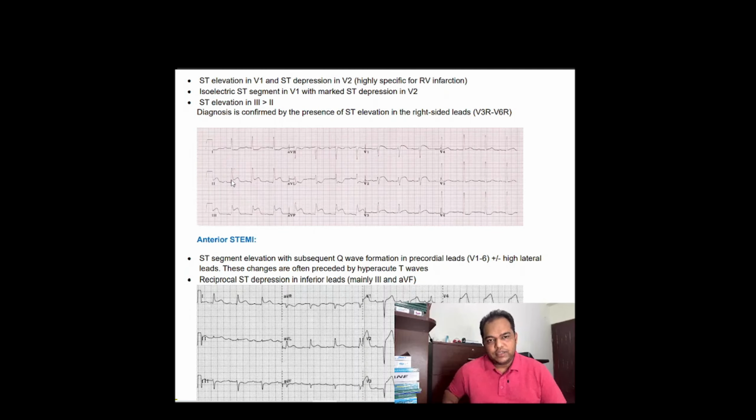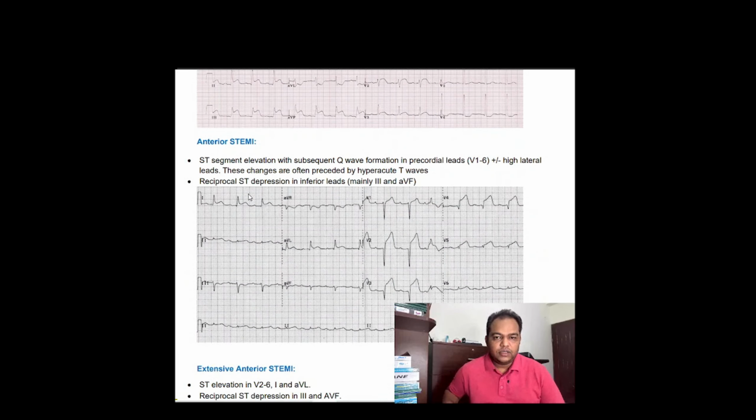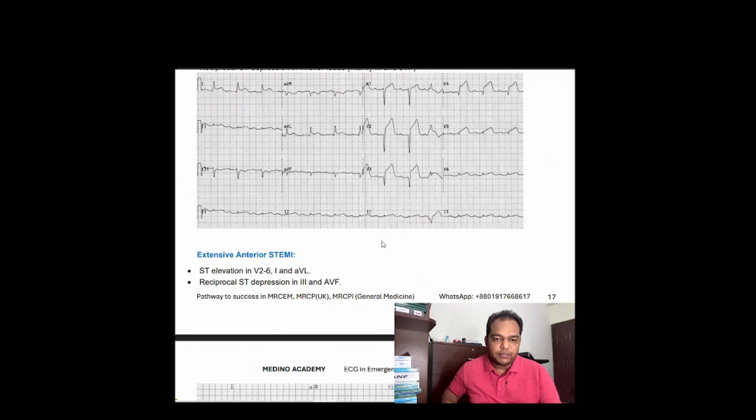It represents right ventricular infarction. Now the anterior STEMI, you can see the ST elevation in V2, V3, V4, and also V5. So this is anterior STEMI.